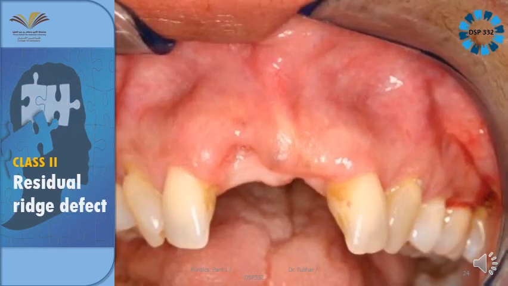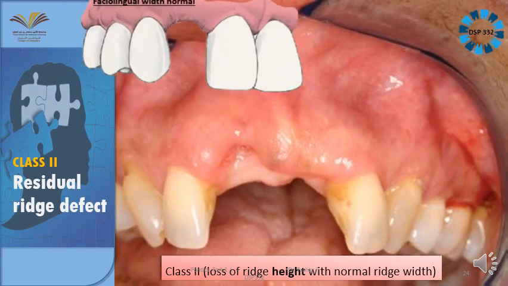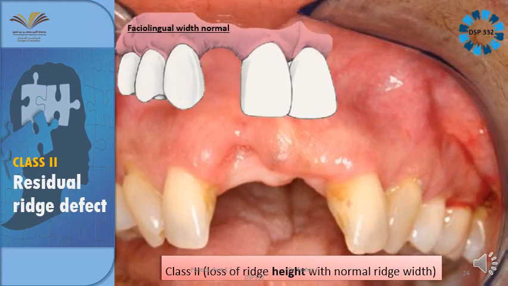Coming to the class 2 ridge defect. Class 2 ridge defect is loss of ridge height. The faciolingual dimensions are okay, but there is loss of height. Now you can see in this picture, there is loss of height. See this, the loss of ridge height, but the faciolingual dimensions are okay, not compromised.